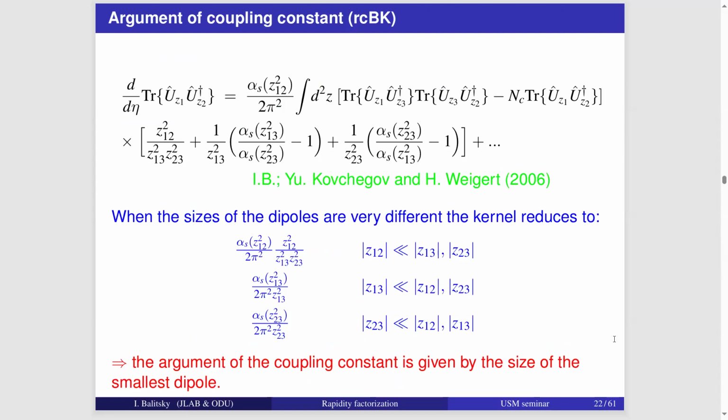But here, Z13 goes to 0, that cancels this, and this is a logarithmic divergence. Yeah, probably it depends on the size of the dipole or on which one. I think people use something like that.